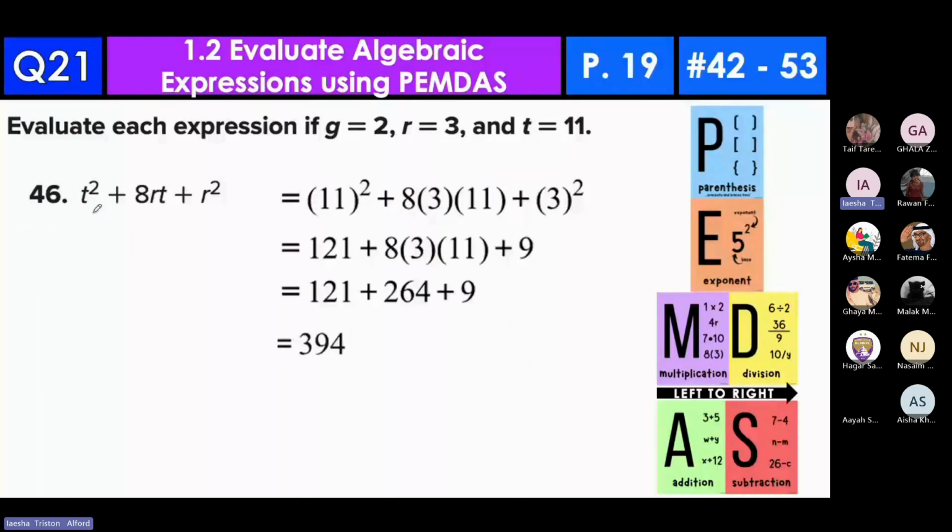Question 46. T, you put parentheses. The 2, you keep it up. The plus, you keep it. The 8, you keep it. The R, parentheses. The T, parentheses. The plus, keep it. The R, parentheses.